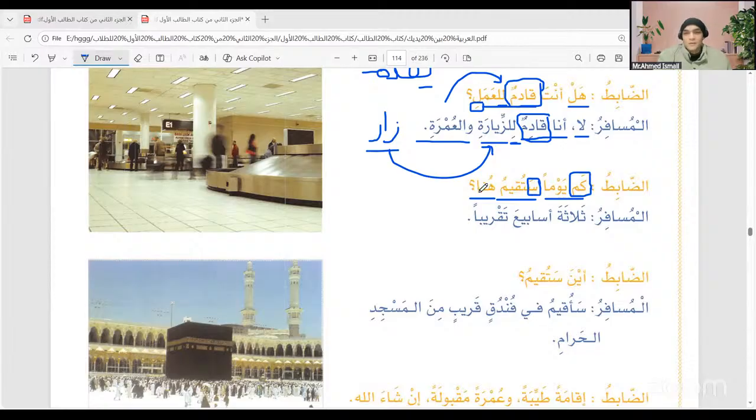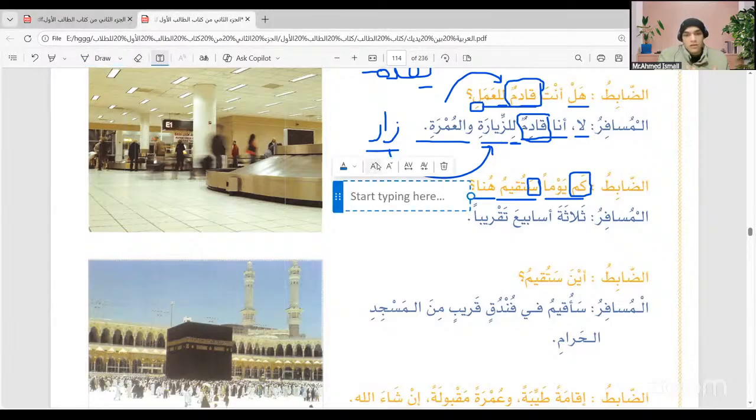Okay, so let's go back. I say كم يوما ستقيم هنا. When I say ستقيم, this means you will stay here. And when I say تقيم and تسكن, these are two verbs. Both of them mean stay. Let's write both of them first. We have تقيم, or to do إقامة.